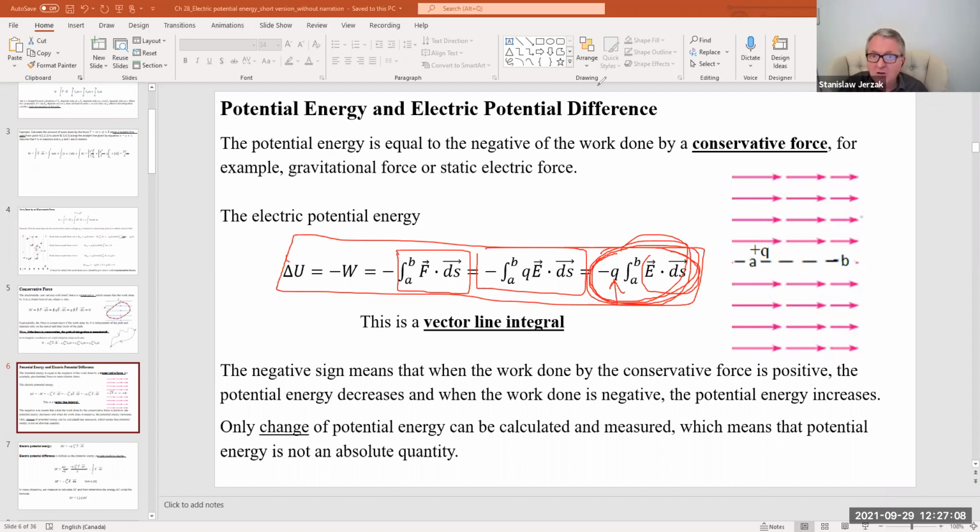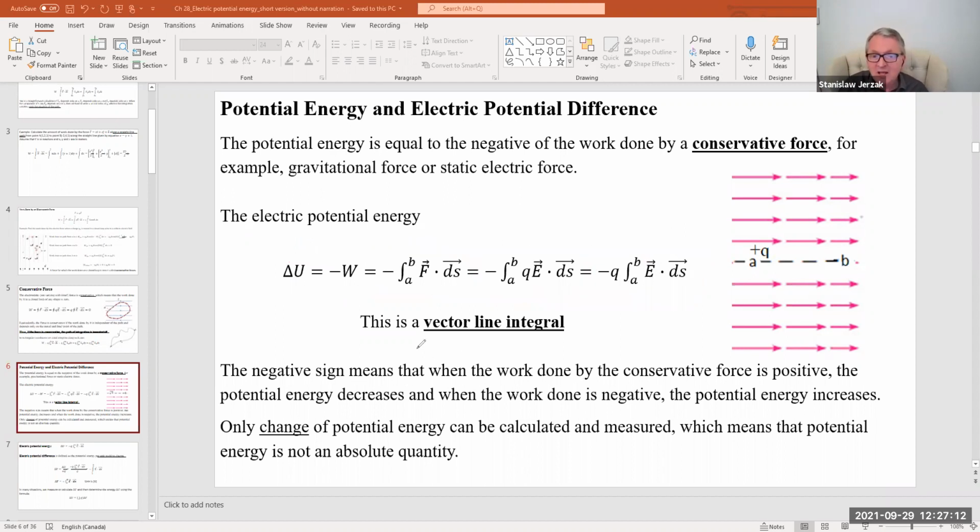That's all I have time to explain today, and I will devote probably three additional lectures to electric potential energy and electric potential. We'll be calculating that potential energy for different situations, because the concept of energy is so important: total energy is conserved.